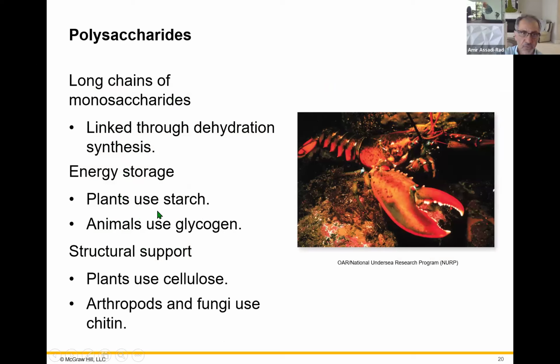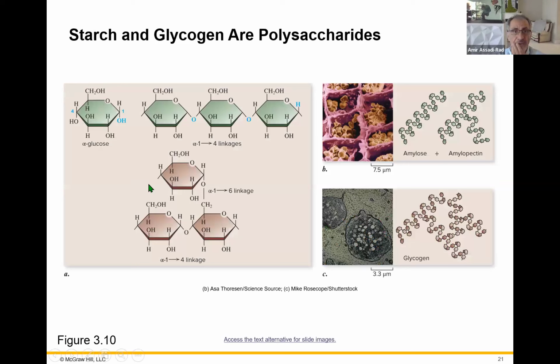And I'm hoping you would know. Structural support. In plants, you have cellulose, right? And then arthropods and fungi have chitin. I hope those pictures are here. Maybe chitin is not here, but I'll have to bring it and put it up for you guys. So here is a glucose molecule, alpha.